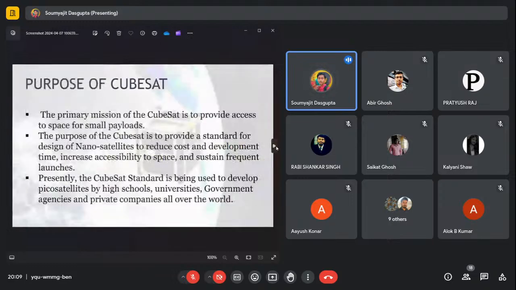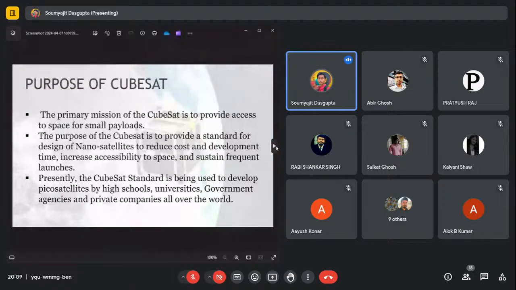Next we have to understand the purpose of CubeSat. Why do we build a CubeSat, because we already have larger satellites which can work perfectly? The primary mission of a CubeSat is to provide access to space for small payloads.